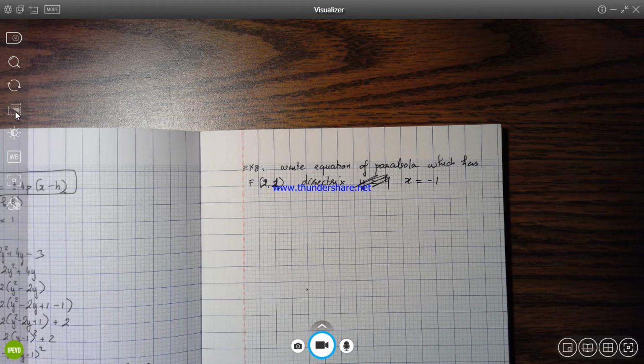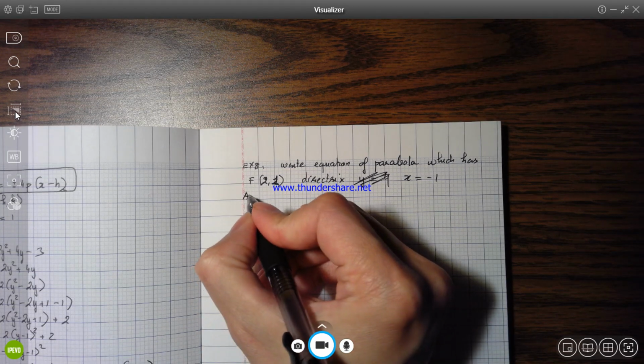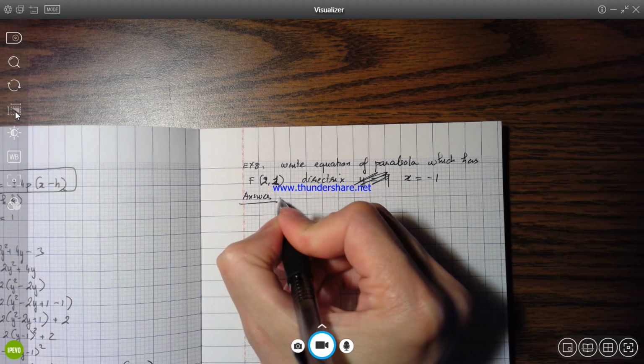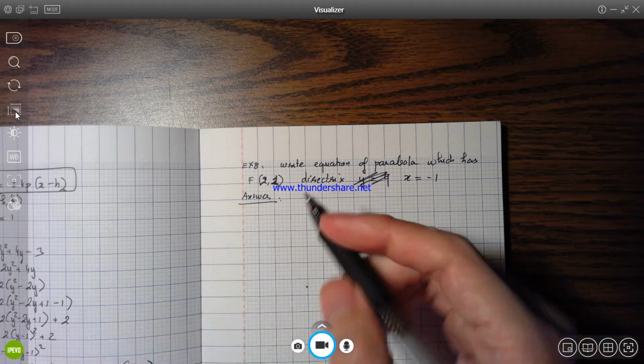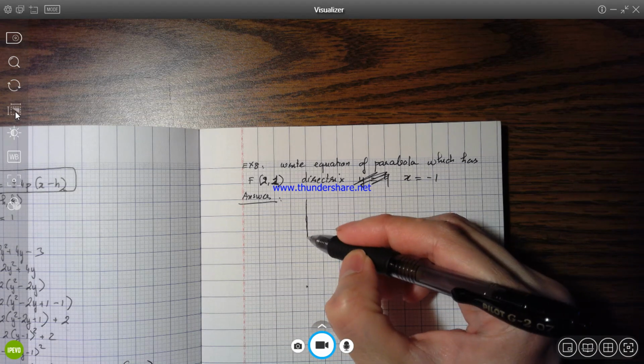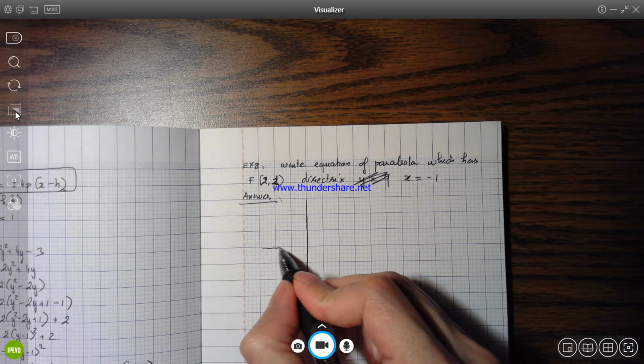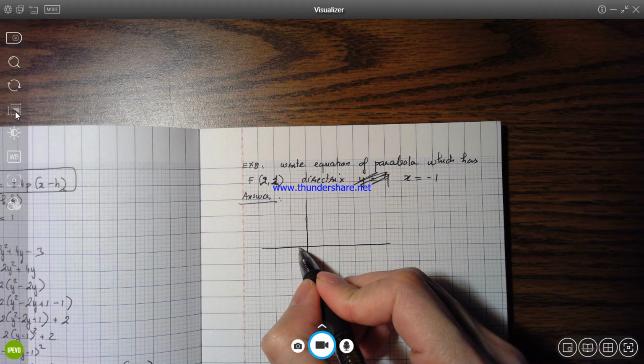All right, so how do we do that? The focus F is (2, 1), and the directrix is x equals -1, so you know that it's going to open left or right. The directrix x equals -1 is right here.